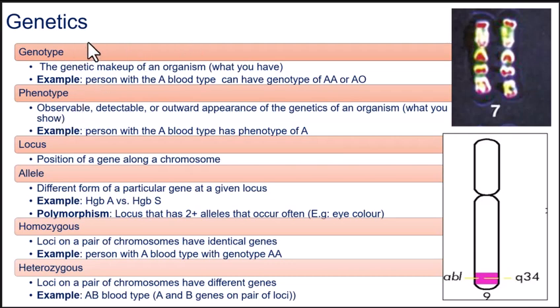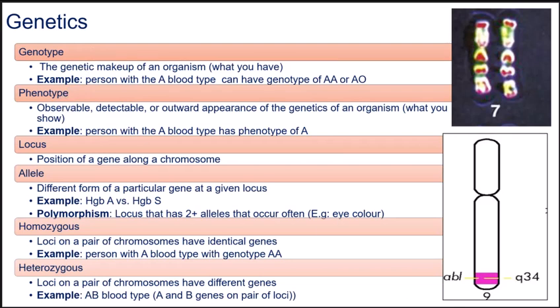Let's say blue eyes from the mom and brown eyes from the dad. But the expression of actually having brown eyes in an individual is the phenotype, that physical characteristic that actually shows. So at the genetic level, there's a combination of blue and brown eyes, but what is expressed in that individual is brown eyes.